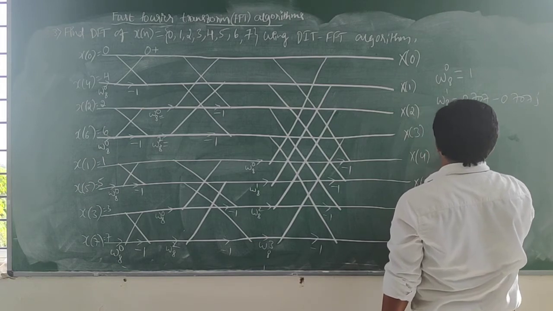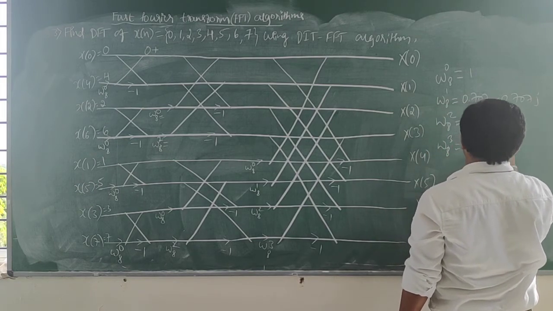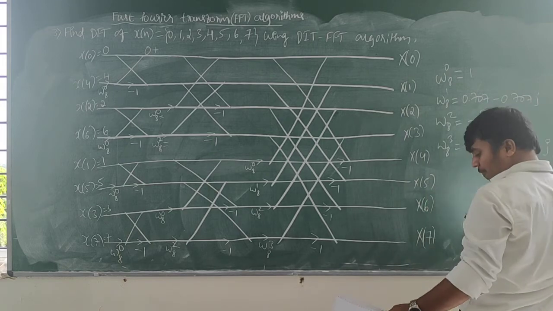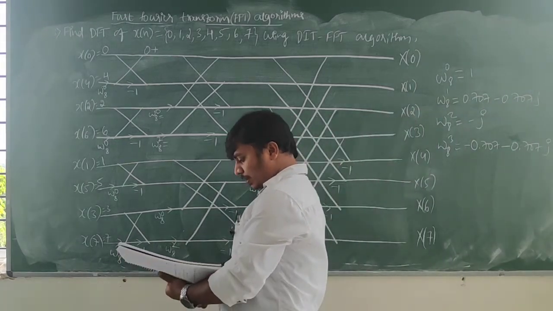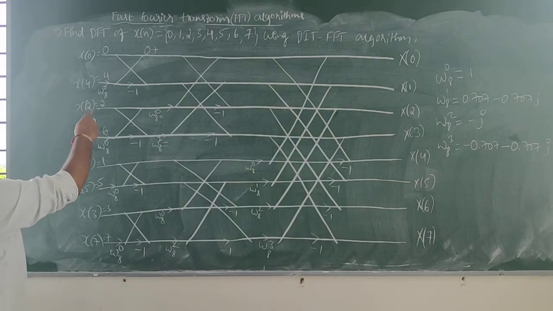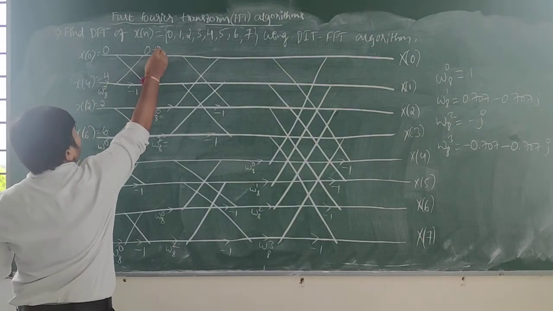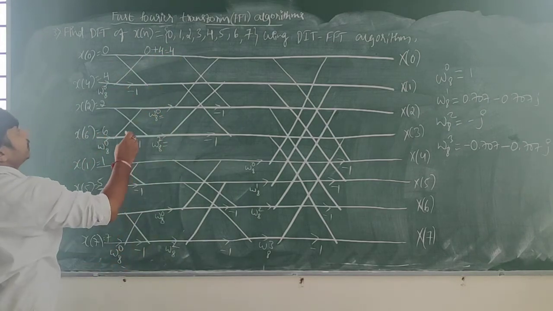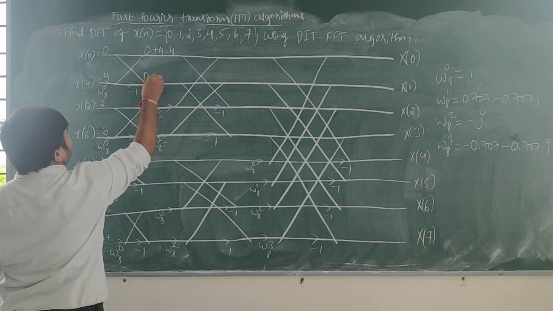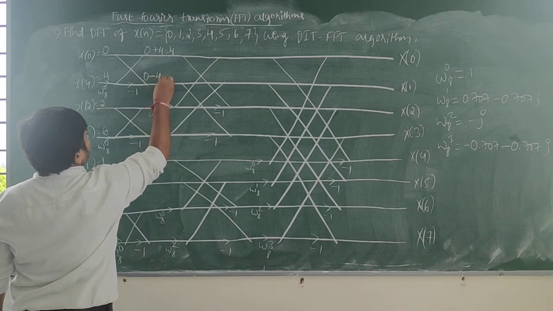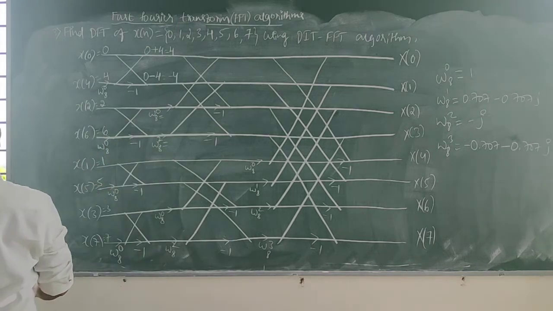W8 power 3 value is minus 0.707 minus 0.707 j. Okay. So therefore, W8 power 0 value is 1. So 1 into 4, 0 plus 4 is equal to 4. Okay. So here 0 minus W8 power 0 is 1. 1 into 4 is 4, is minus 4. Okay.